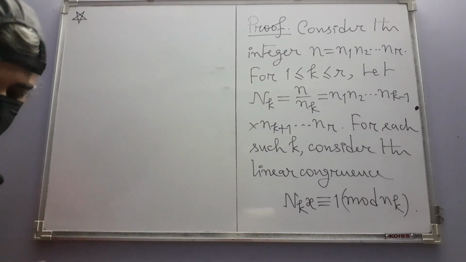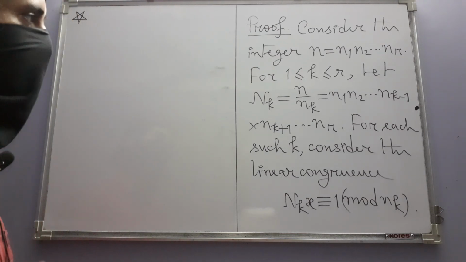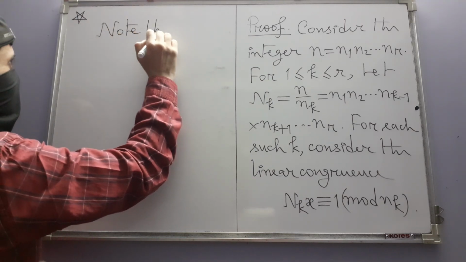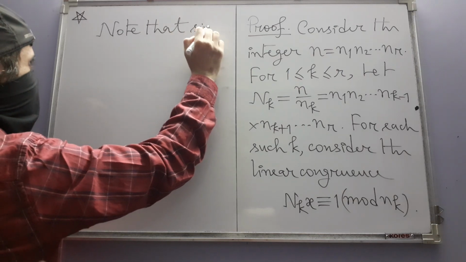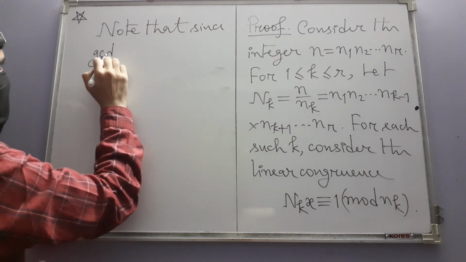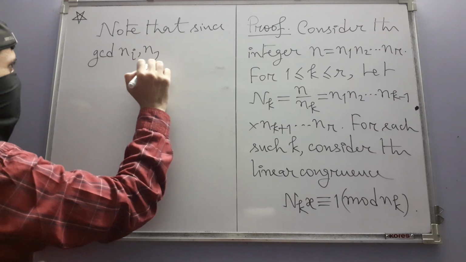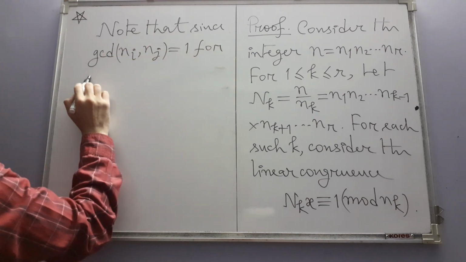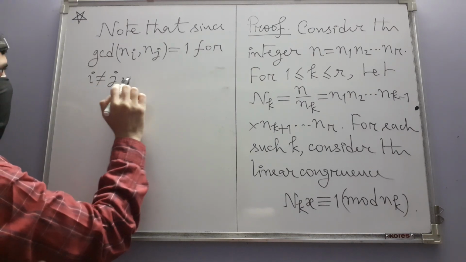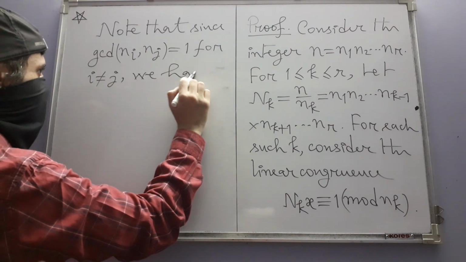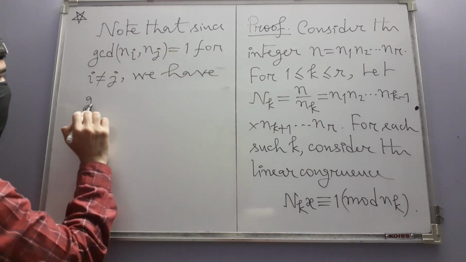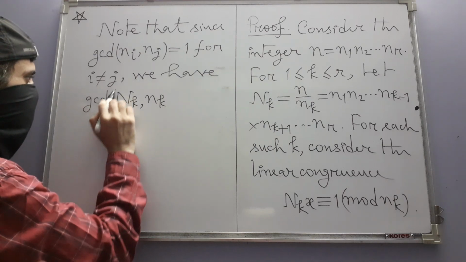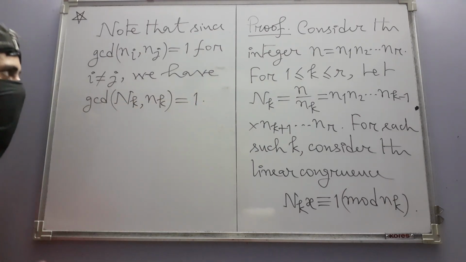But why? There is a reason. Note that since the small ni's are relatively prime, pairwise relatively prime, we have this equal to 1.